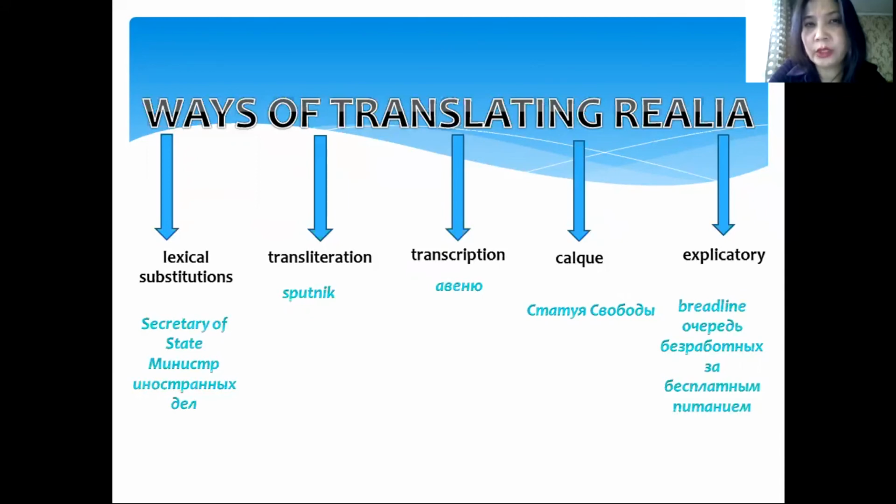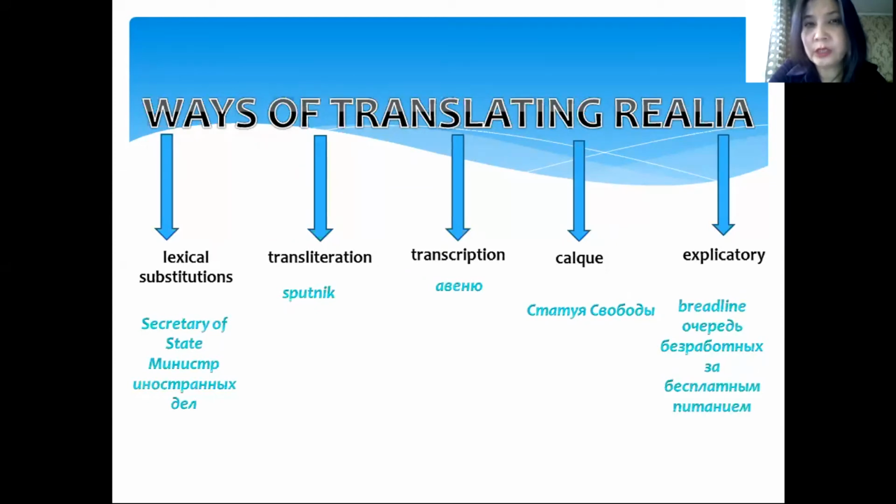Transliteration, here we say about the graphic reproduction of an original word in the target language. For example, the Russian word Sputnik will be transliterated as Sputnik.